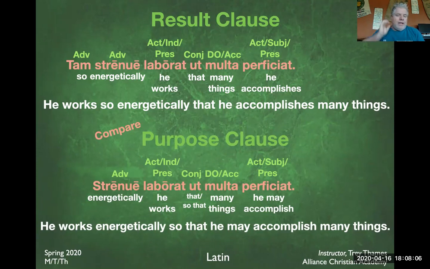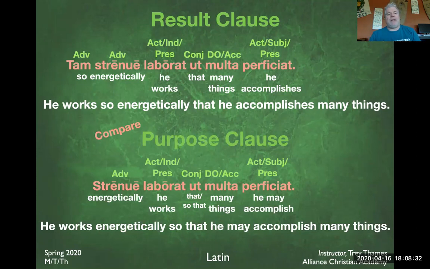So again, he works, laborat, strenue, energetically, ut, so that, and because perficiat is subjunctive, and again, this is a purpose clause. You say, well, how do you know that it's a purpose clause? Because it's a subjunctive dependent clause introduced by ut, and does not have an ita, tam, or sic.